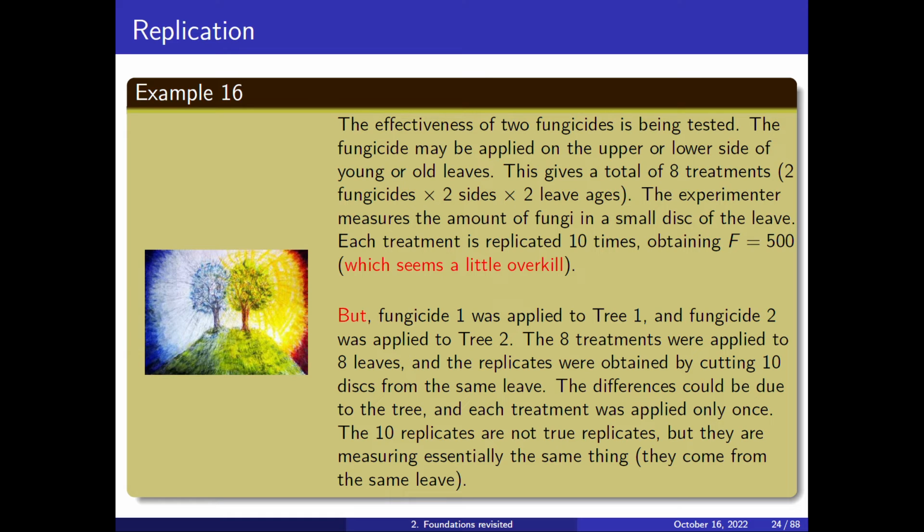You can measure the same object 10 times, but then you have to compute the average of all those measurements and assign that average to the measurement of the leaf, and the leaf will be the experimental unit. So the 10 replicates are not true, biological replicates; they are essentially measuring the same thing 10 times.